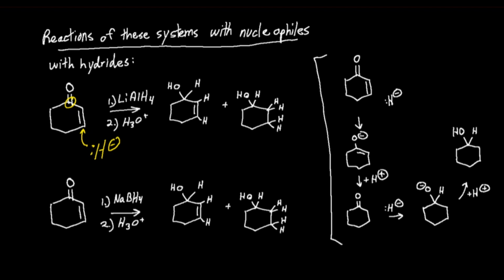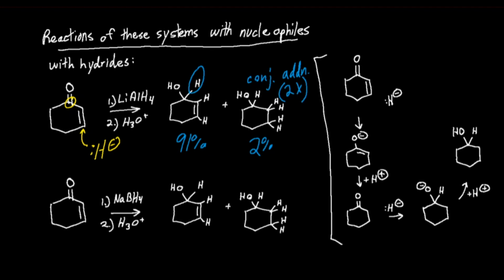In fact, what we end up with as a result of this mixture would be 91% direct addition to the carbonyl. Notice that this proton has added and the carbonyl oxygen has protonated, while we only get about 2% of conjugate addition. This is the conjugate addition product that results from a 2-time addition of the hydride.